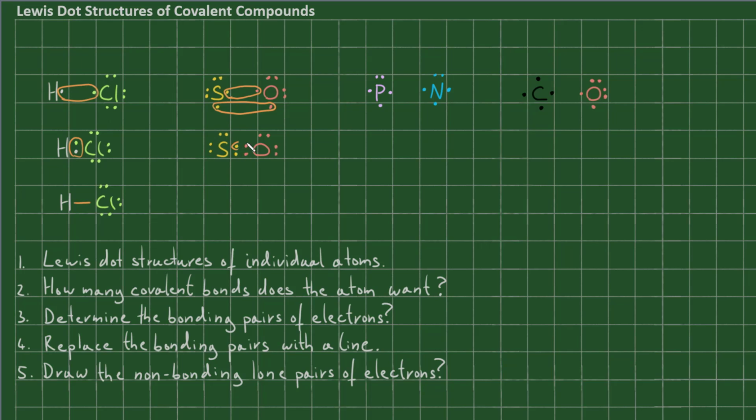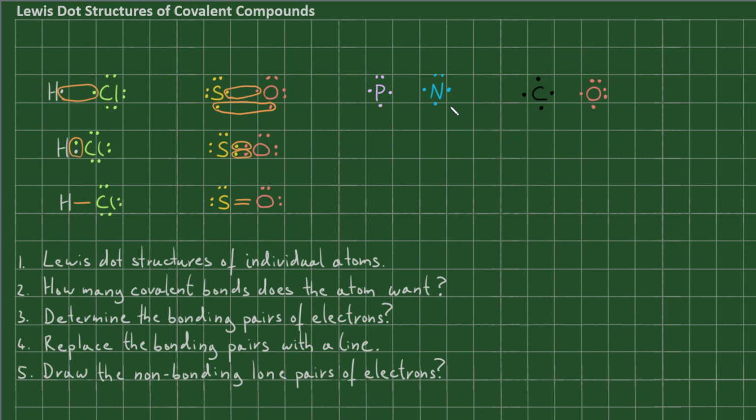So now, 2 pairs of electrons are being shared between sulfur and oxygen. I can write S for sulfur, then 2 lines representing a covalent double bond, and then oxygen. I can also add the lone pairs of electrons. So here they are.